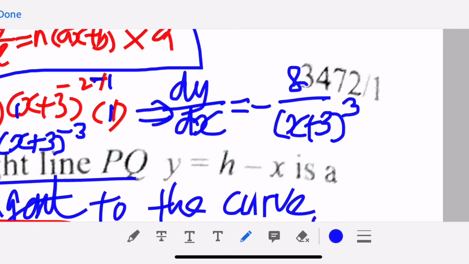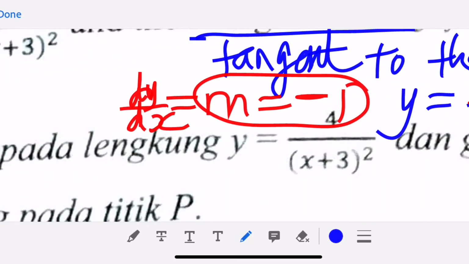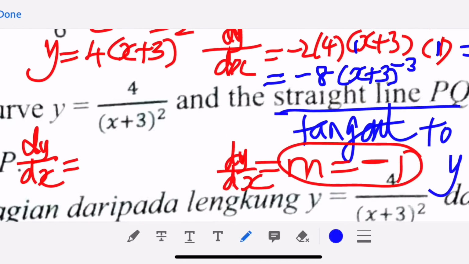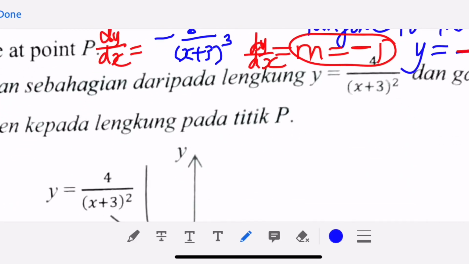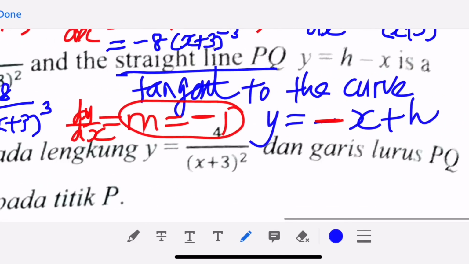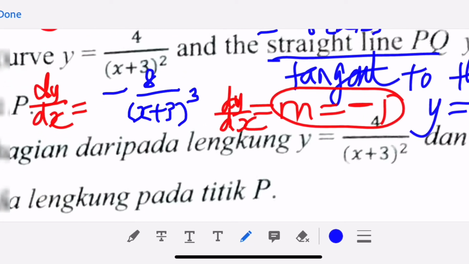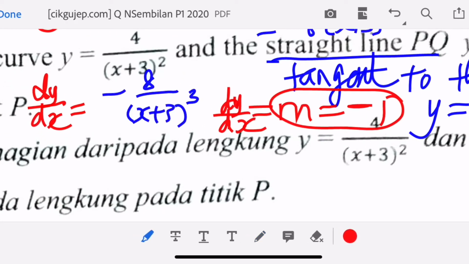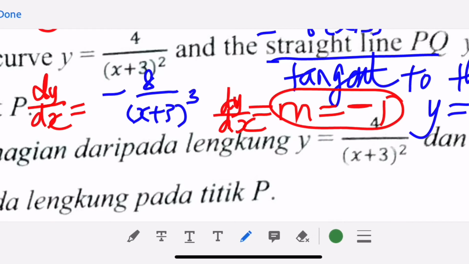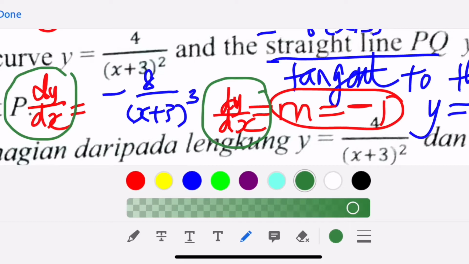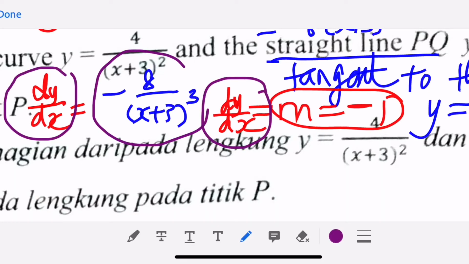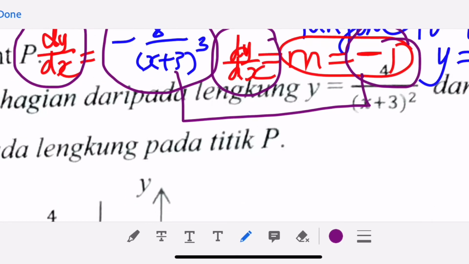We bring down the power, negative becomes positive. So once you have the dy dx, you can make it into a fraction like this, and then you are asked to find the point. As I told you just now, they gave you the straight line, so you can read the gradient, and that gradient is actually the gradient of the tangent to the curve. In short, it is dy dx, right? So you take negative 8 over (x plus 3) to the power of 3 equal to negative 1.